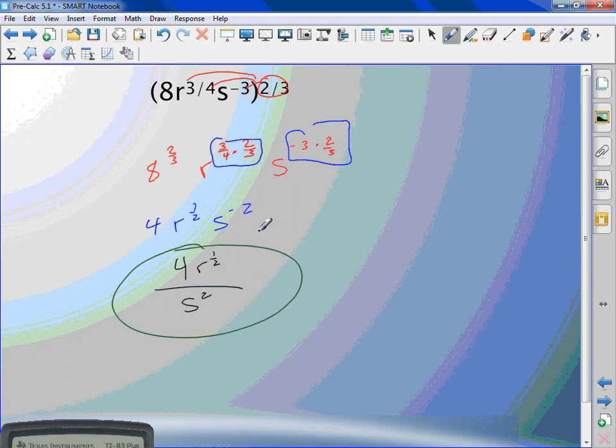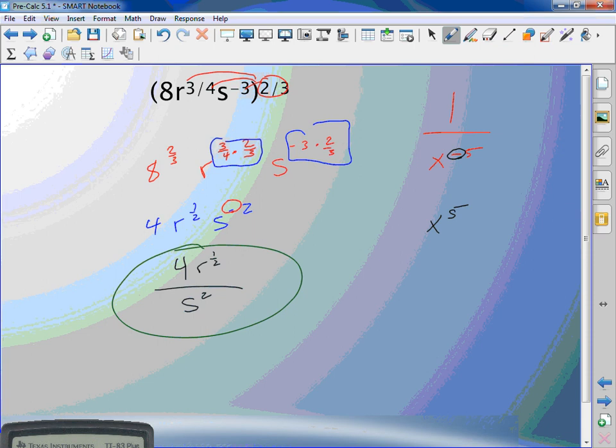Why did the s go from here to down here? Why did the 2 become positive? Well, it's on the bottom. I moved it because it's a negative. If I had 1 over x to the negative 5th, the negative tells me I belong on the opposite side, so it actually means x to the 5th.